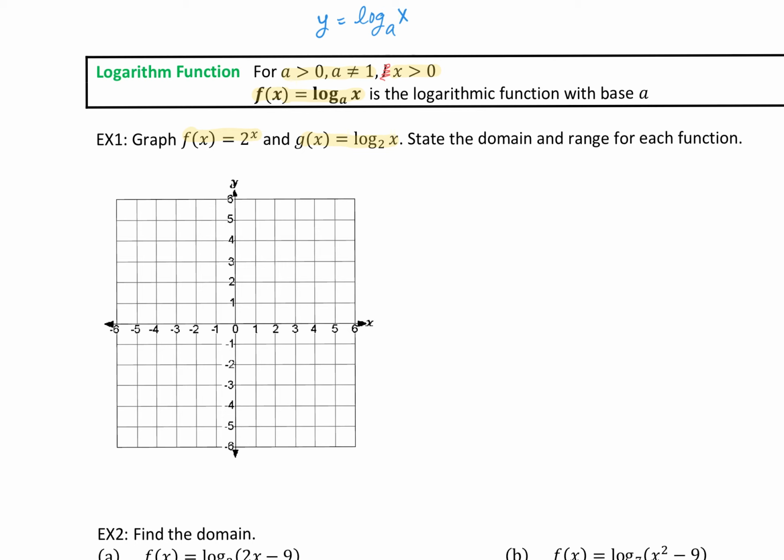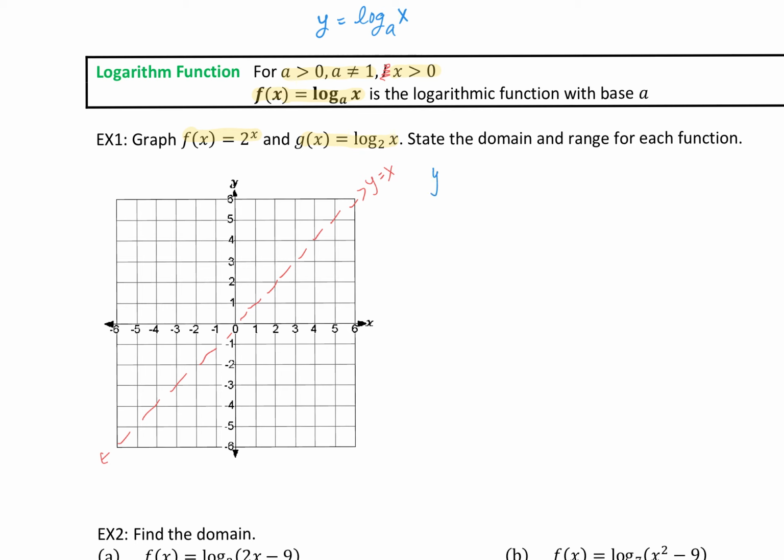So remember, if they are inverses of each other, then they should reflect across the line y equal to x. Let's go ahead and graph f of x.